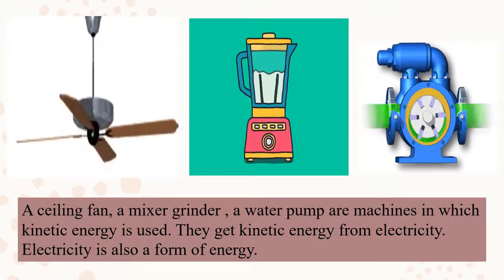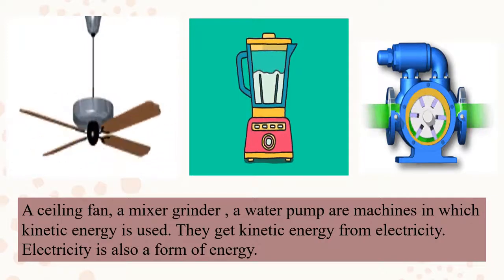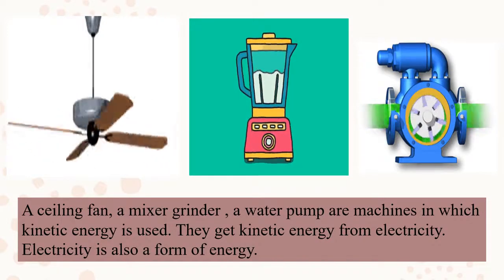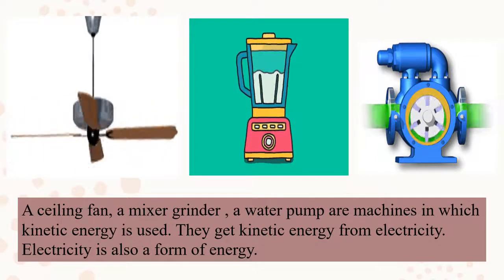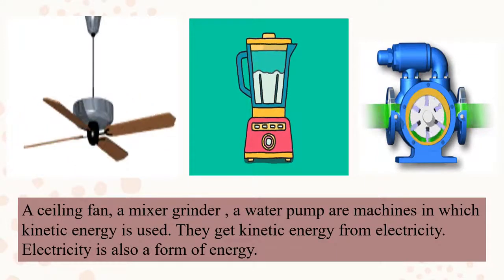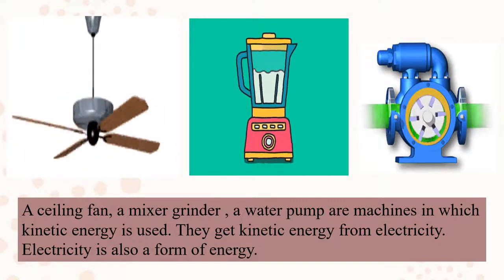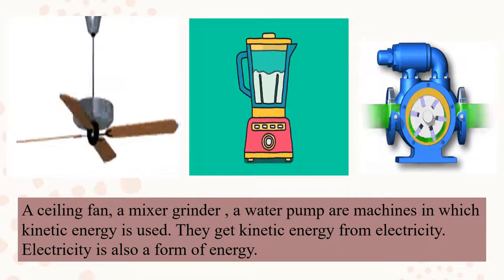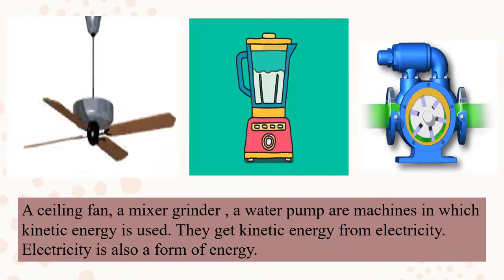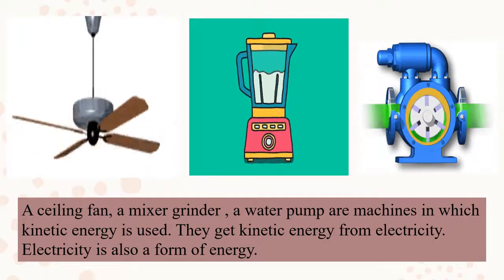Electricity is also a form of energy. ये सारी चीजें चलाने के लिए कहाँ से हम लोगों को एनर्जी मिलती है? फ्रॉम इलेक्ट्रिसिटी. कहाँ से एनर्जी आती है? इलेक्ट्रिसिटी से, है ना. ये सारी चीजें इलेक्ट्रिसिटी पे काम करती है ना. The fan moves because of the electricity. The mixer grinder also moves because of electricity. The water pump also works because of electricity. Okay, and as they are moving, they also have a different form of energy in them, that is kinetic energy.